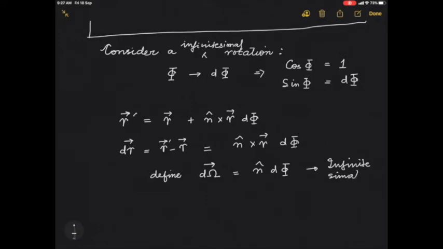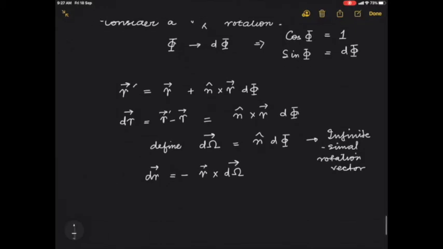So this is the infinitesimal rotation vector. Then dr becomes minus r cross d omega.